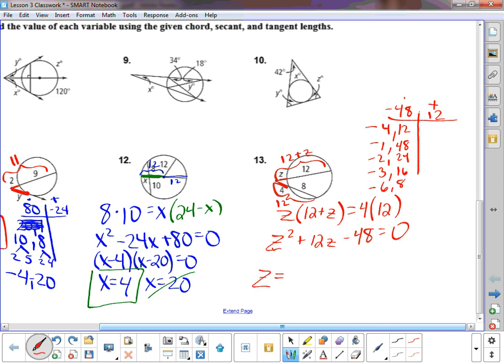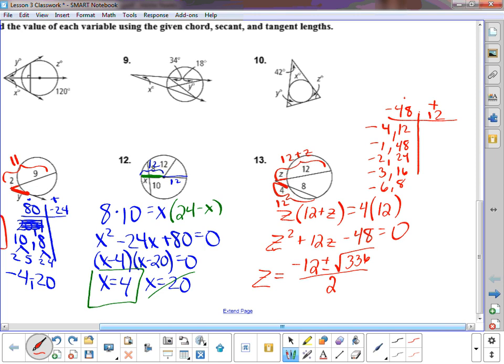And when you use the quadratic formula, we get negative 12 plus or minus root 336 all over 2. Now we can simplify this.